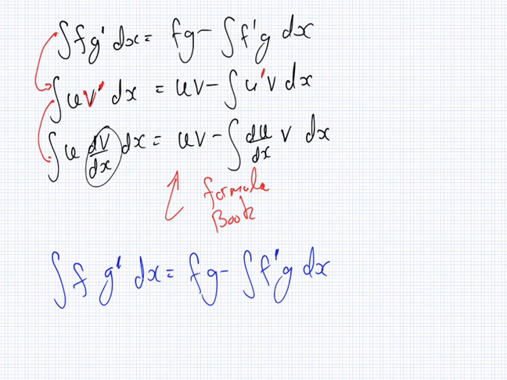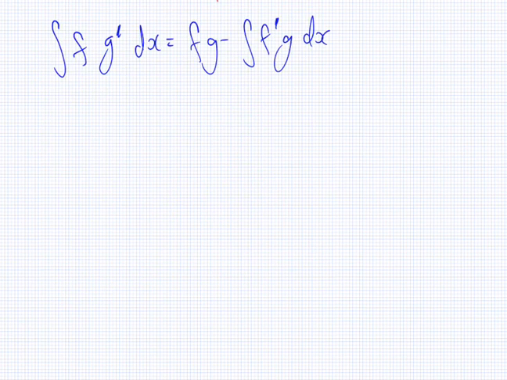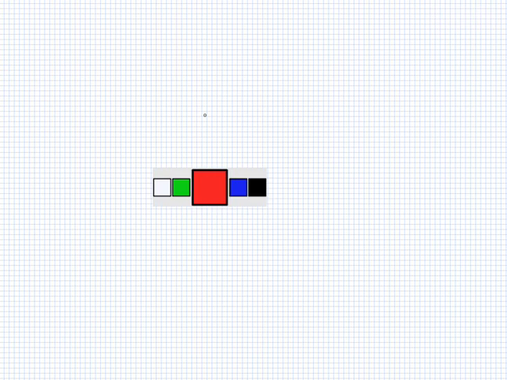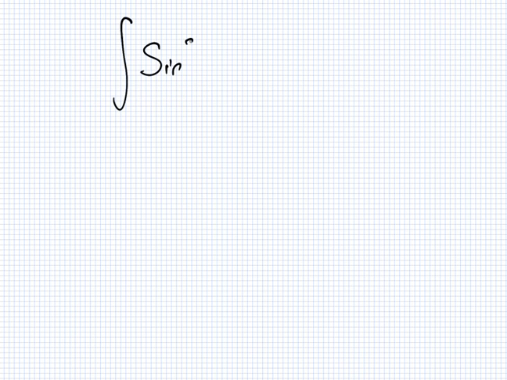Okay, one more example, and then I'll let you try some in the book. Scroll down, yes? Okay, so one more example. Something like this, the integral of sine squared x dx.